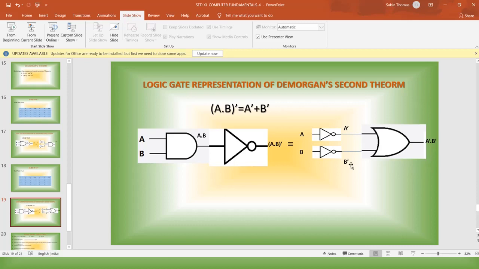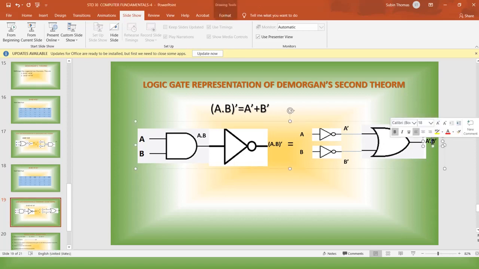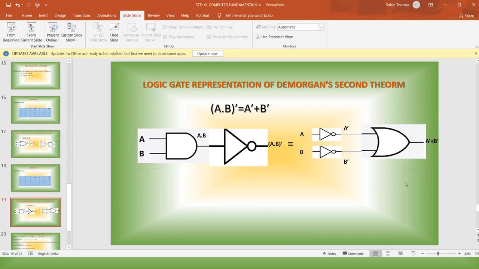A NOT gate will take only one input, so that is why just one line is given there, representing only one input. So 2 outputs, one for this one and one for this one. Both are connected to the OR gate. You will get A B the whole complement, equal to A complement plus B complement.